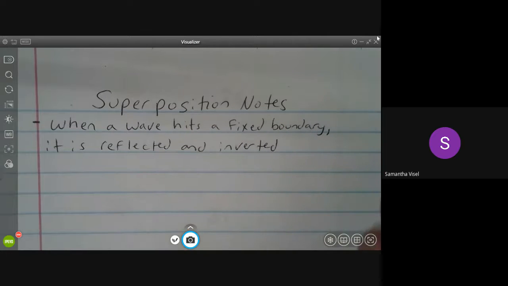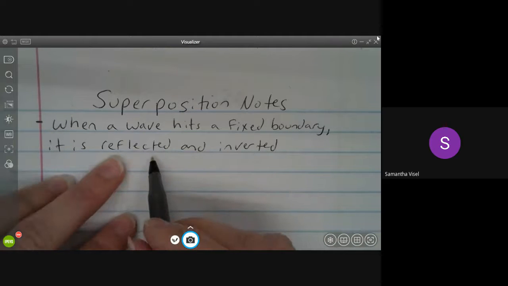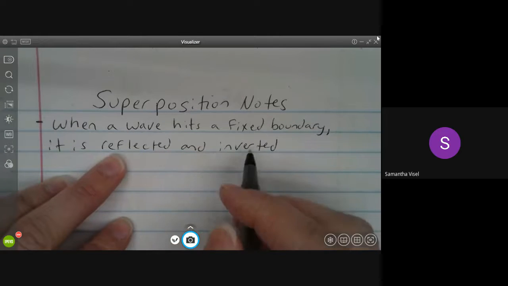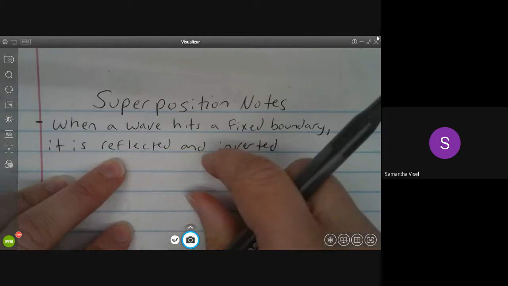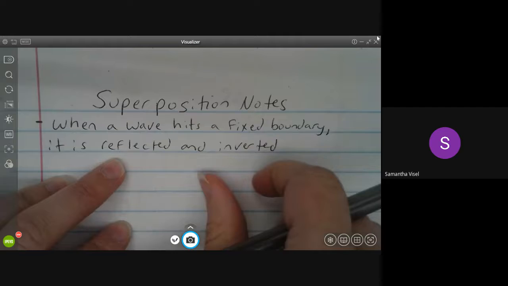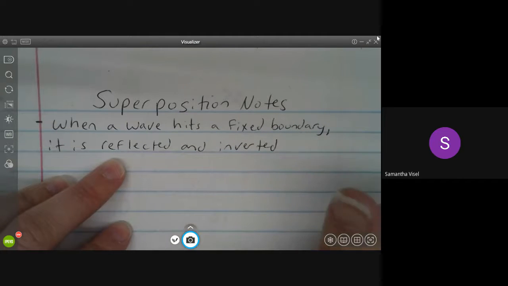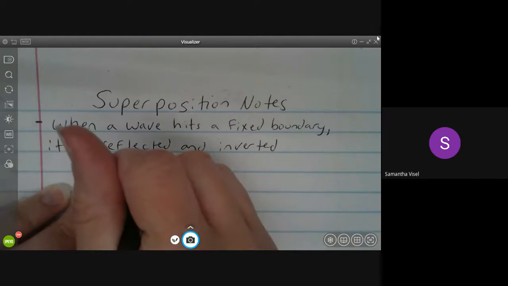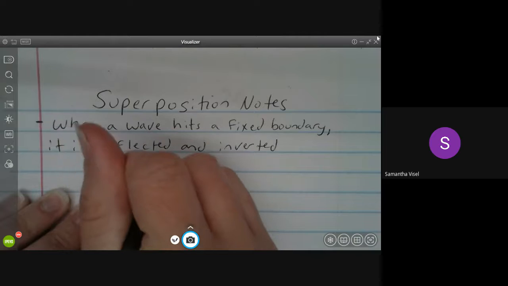There's something there that prevents the wave from moving on forever. So it gets reflected, so it bounces back, and then it becomes inverted. Inverted means generally to flip upside down, but you could really look at it as flipping simply direction or position.